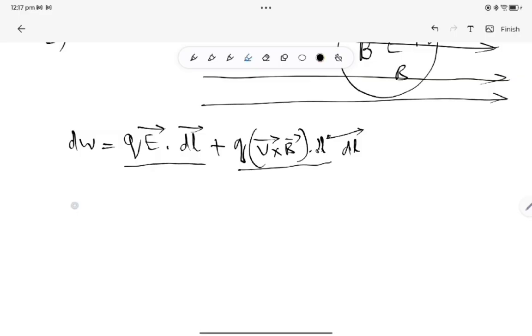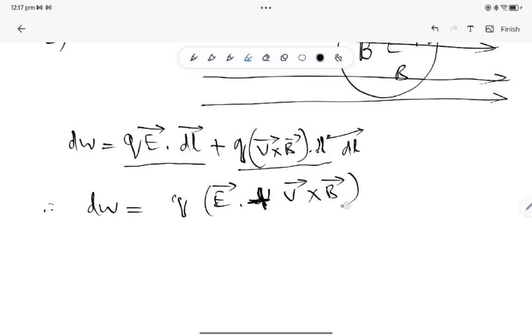Strange it may seem, but we will discuss it after some time. At this stage, we will avoid it deliberately. Therefore, we can write dW is equal to Q, taking it common, E dot dl plus V cross B dot dl.